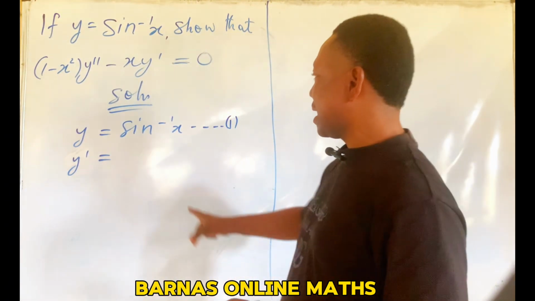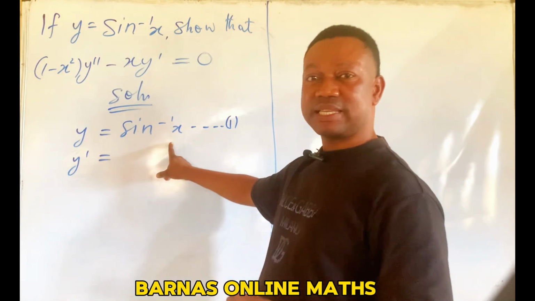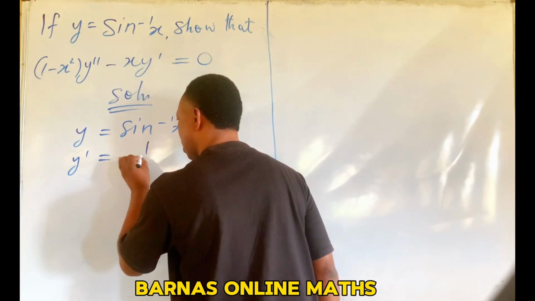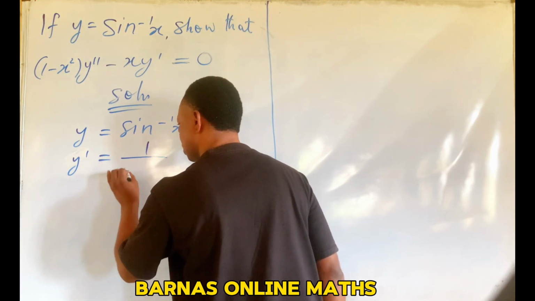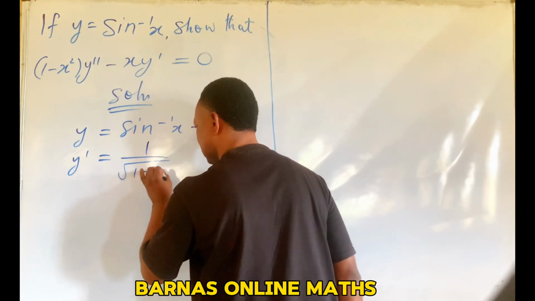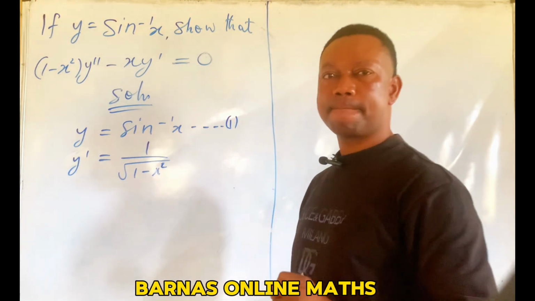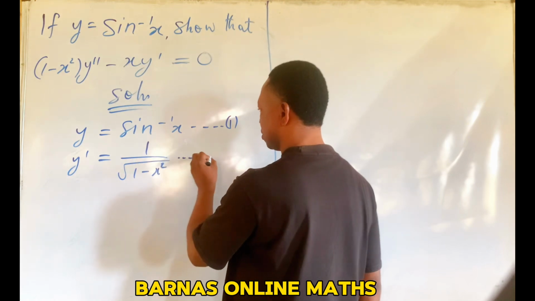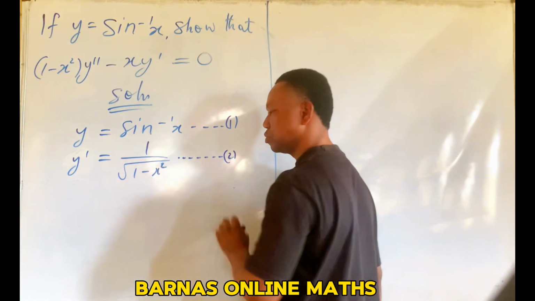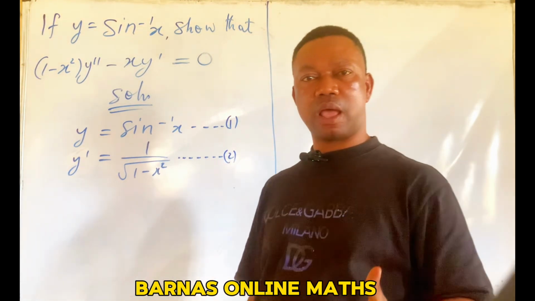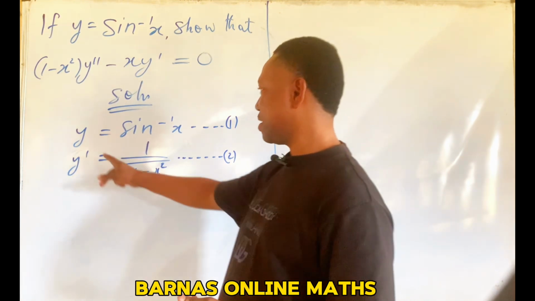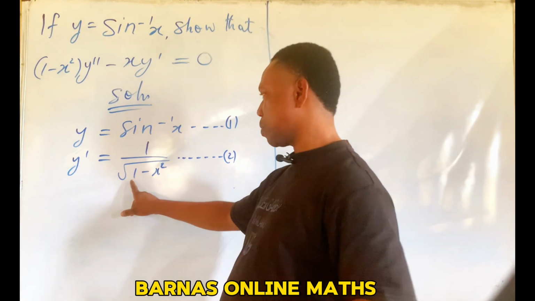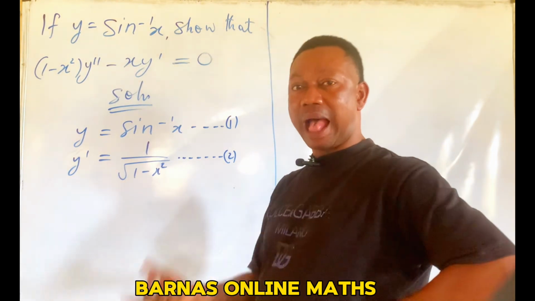If we differentiate sine inverse of x, we are going to have 1 all upon the square root of 1 minus x squared. Let's call this equation 2. But the question now is, how come the derivative of y is 1 all upon the square root of 1 minus x squared? How come?